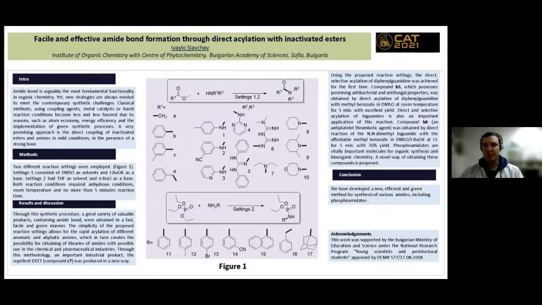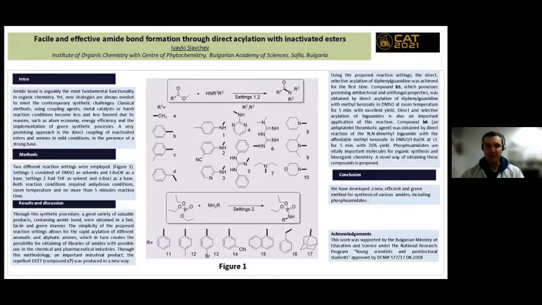While thinking about what other kinds of substrates we can use for this reaction, we found out that triethyl phosphate is also an ester, an inactivated ester, and we decided to test it in this reaction. By that we created a new and novel way of obtaining this kind of N-P bond formation, which is very important in a lot of fields.